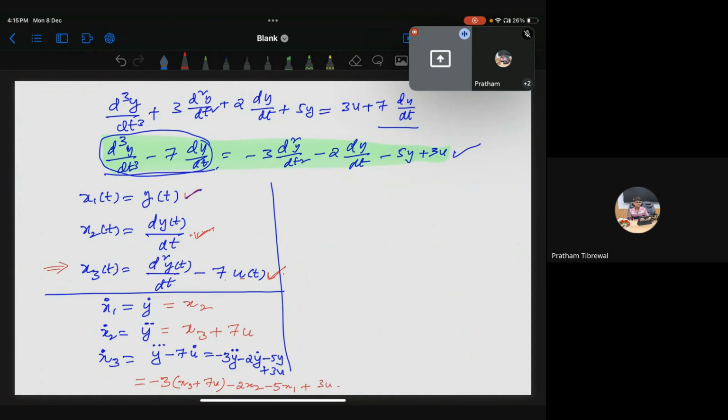Is this clear? Yes, sir. It's clear now.